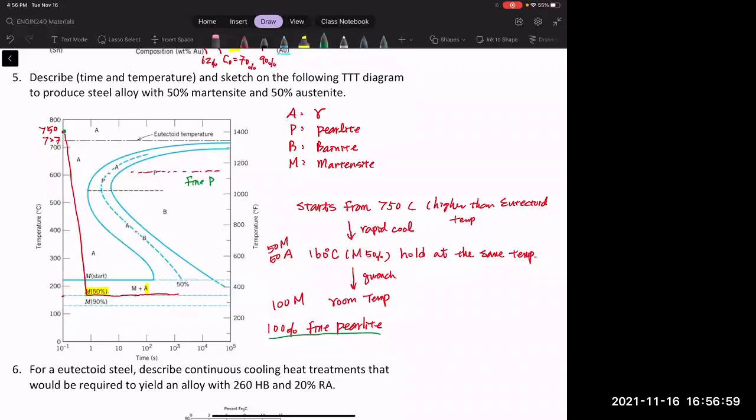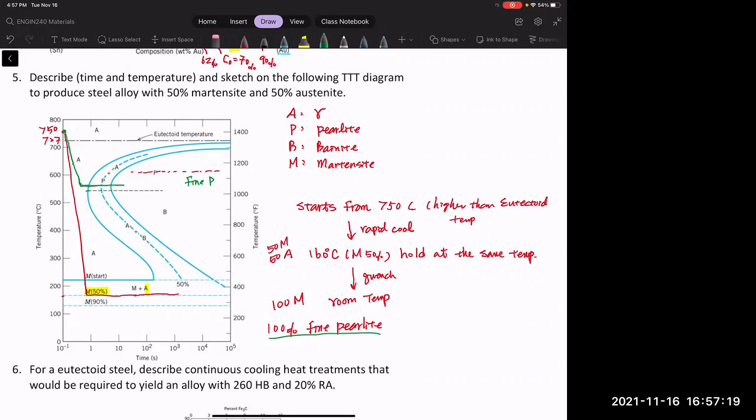So you have to rapidly cool to a temperature that does not reach this nose, but is very close to that region. And then you're going to hold it for a certain amount of time.